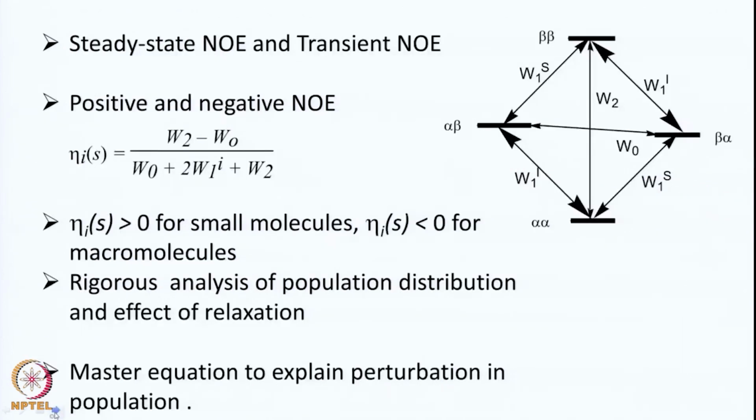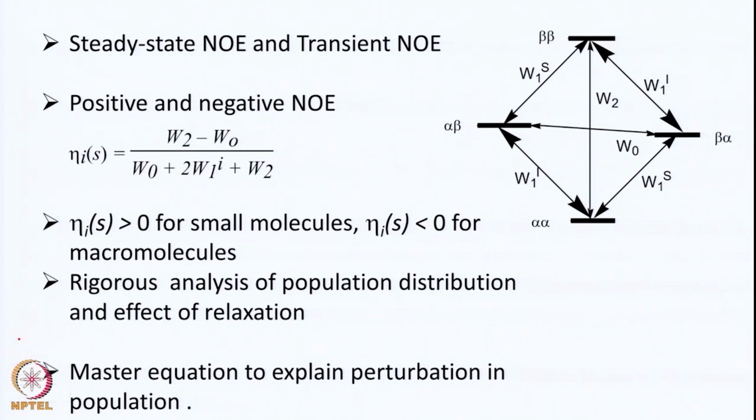Next we looked at the two kinds of NOE, steady state NOE and transient NOE, and the difference between them. Then we looked at positive NOE and negative NOE. In some cases you get a positive enhancement, in some cases a negative enhancement.